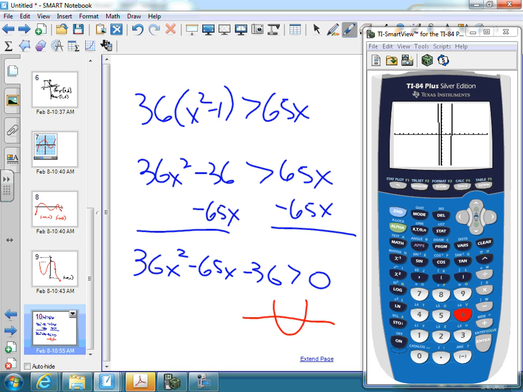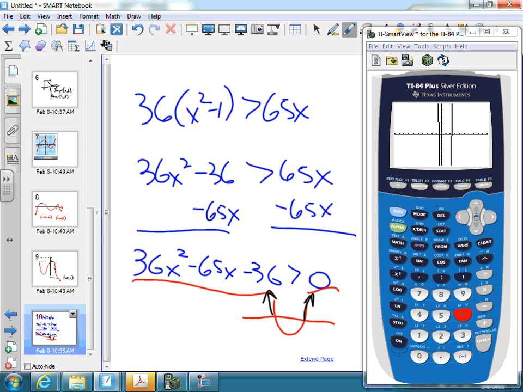So if I'm trying to find out where this function here is greater than 0, I can tell without even looking at the graph on the calculator that it's going to be from here, that's greater than 0, and that's greater than 0, right? Do you see what I'm talking about here?